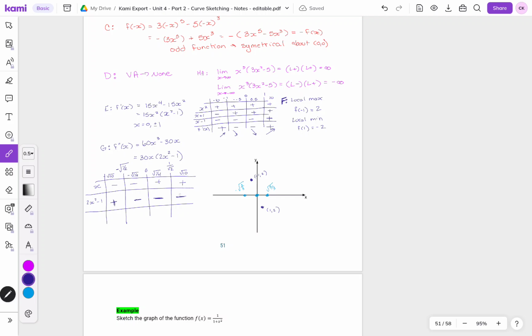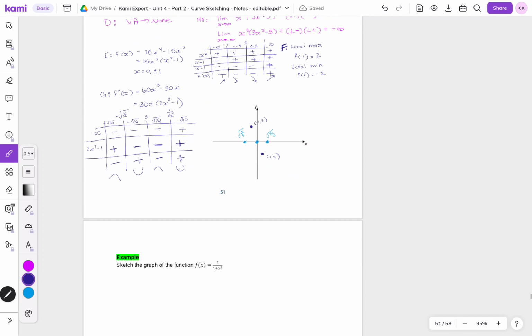And this one's going to be positive. So we're negative, positive, negative, positive. So I'm concave down, concave up, concave down, concave up. Which means I have inflection points that occur when x equals 0 and when x equals positive or negative 1 over the square root of 2.